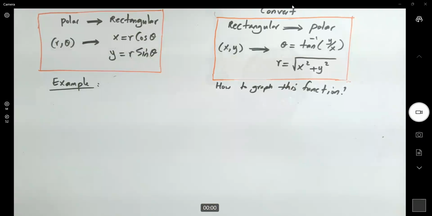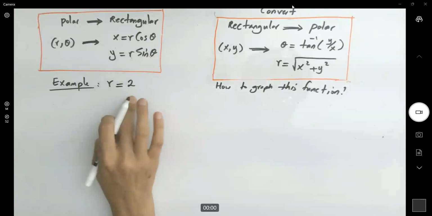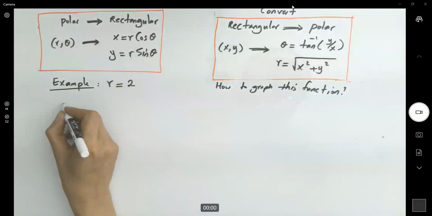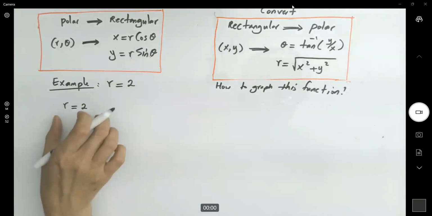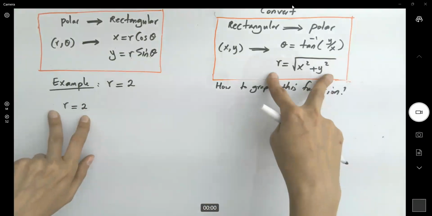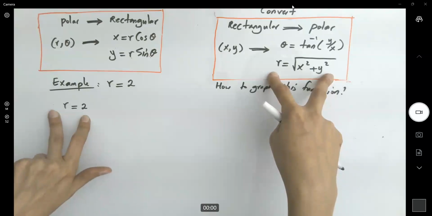I'm going to give you r equals 2. It says the radius length is 2. Okay, very good. r is 2. Let us get creative. I know r is 2, and I know r is the square root of x squared plus y squared.